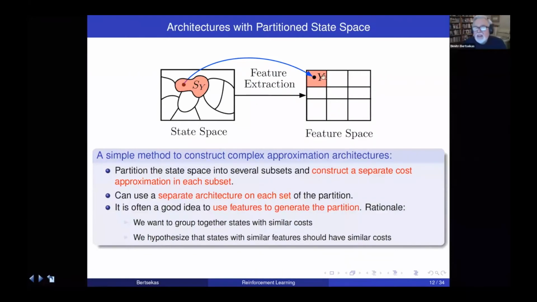So it makes sense to partition the space of features into subsets that are regularly spaced, and then map back into subsets of the state space which have similar features and therefore, according to this hypothesis, similar costs. So that's the idea. It's a simple idea, but very effective if you want to do partitioning.